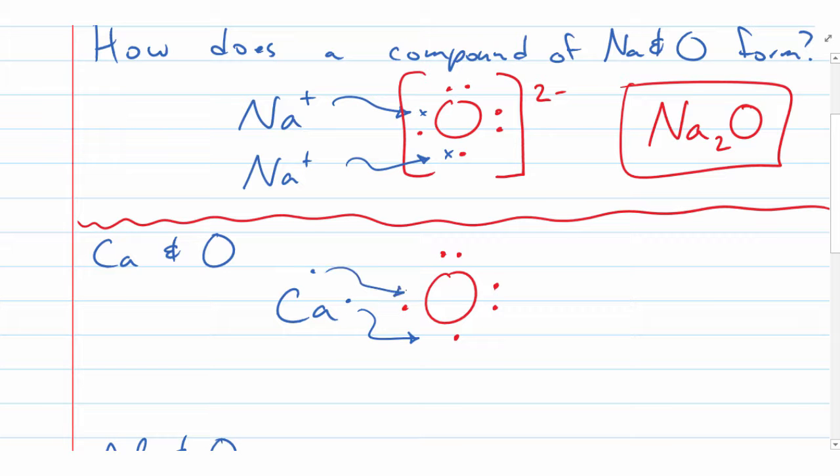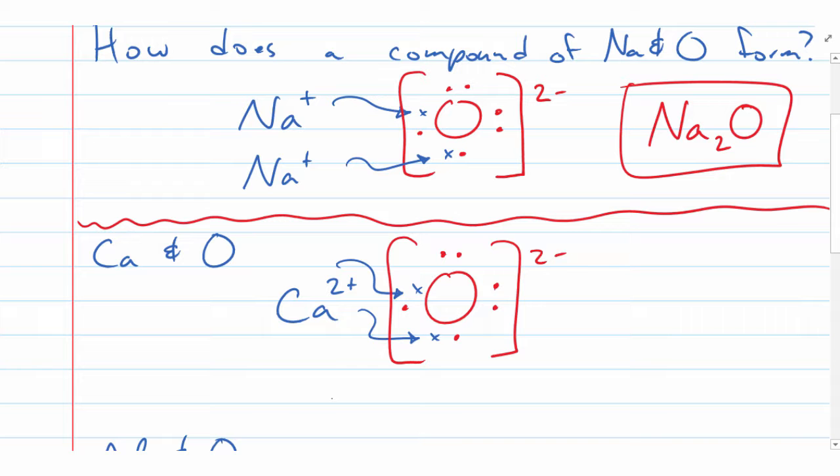It's going to give up both of them. So if it gives them up, it's now given up 2 valence electrons. And because it's given up 2 valence electrons, the charge on the calcium becomes 2 plus. And the oxygen now, because it has gained 2 valence electrons, acquires a charge of 2 negative.